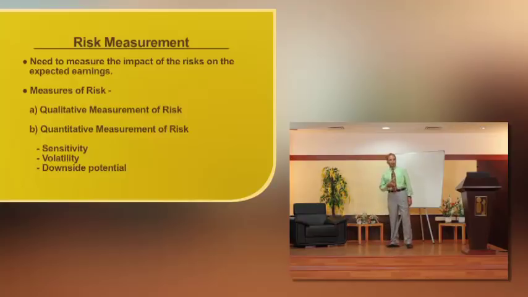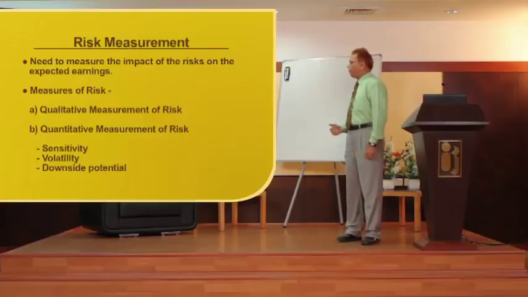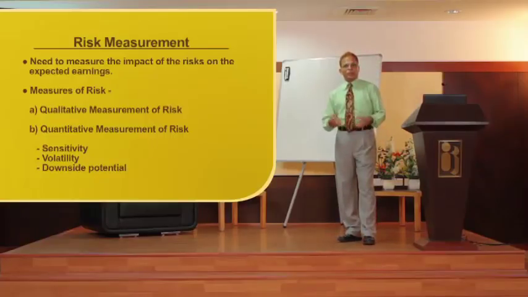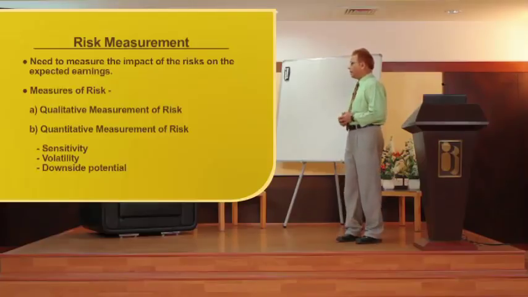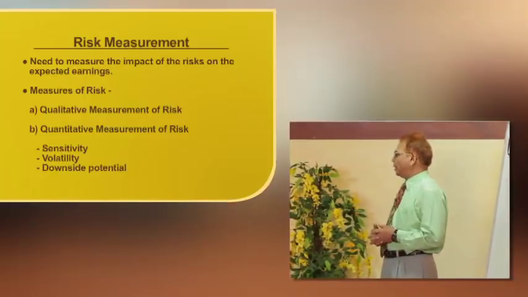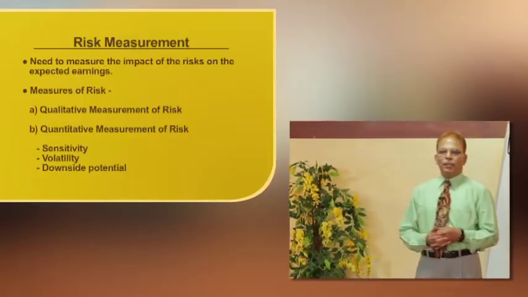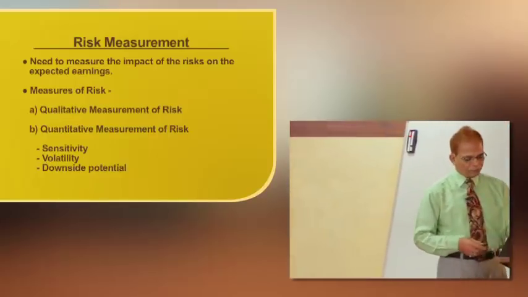So how do you measure the impact of the risk on the outcome of the business? There can be qualitative measurement of risk, which is purely a judgmental thing of the person doing the business. And there is quantitative measurement of risk, which basically will include sensitivity, volatility, and downside potential.